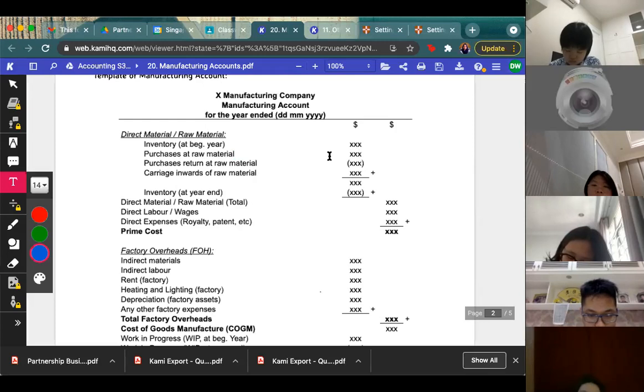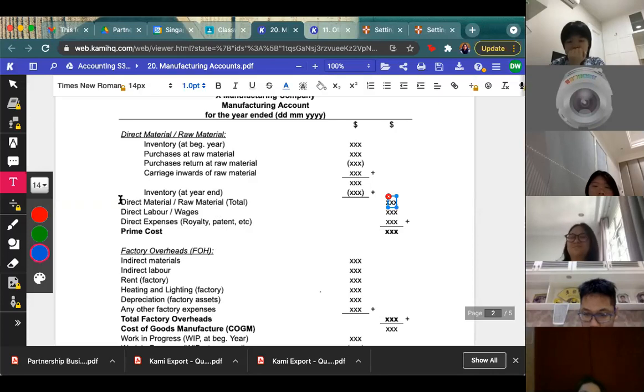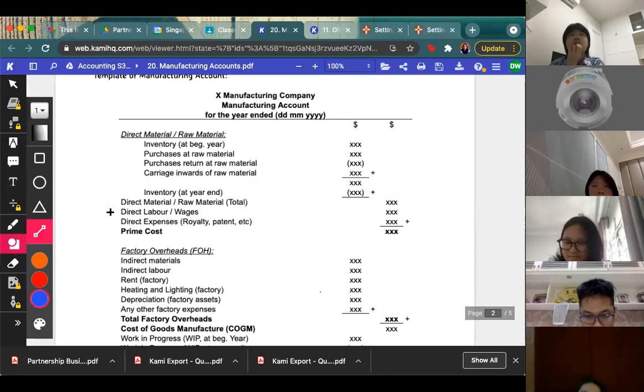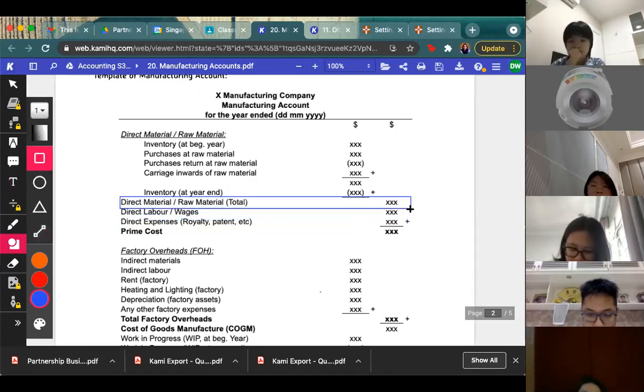Opening inventory plus purchases minus purchase return plus carriage inwards, and then minus closing inventory. This is exactly the same like doing cost of sales, but all information here are only for raw materials. After that, the total of raw materials will be placed in the last column over here. So this is the total of direct material.